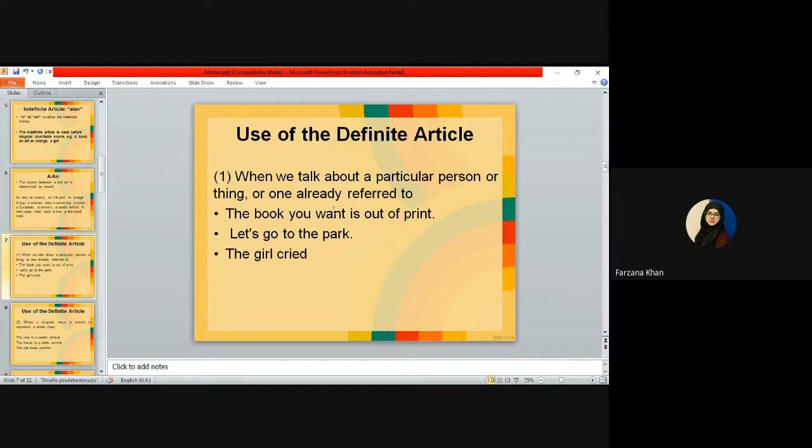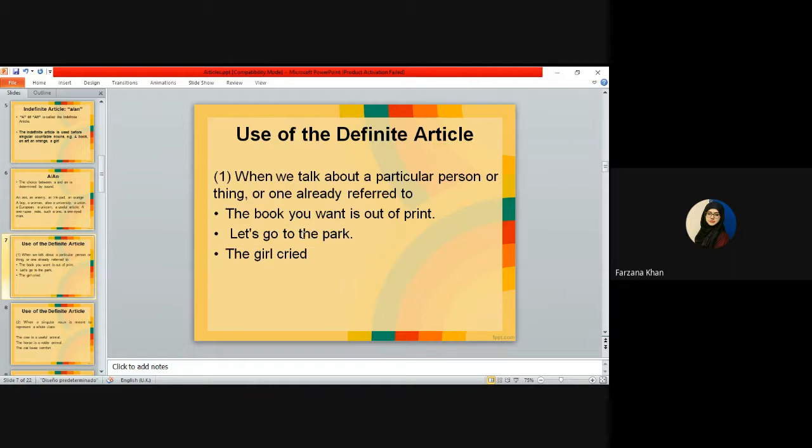It means he is replying to your request. So the book has already been mentioned in the conversation because you referred to the book. The shopkeeper, in reply to you, is using the definite article to refer to the book which you asked him to give you the print of. So, the book you want is out of print.